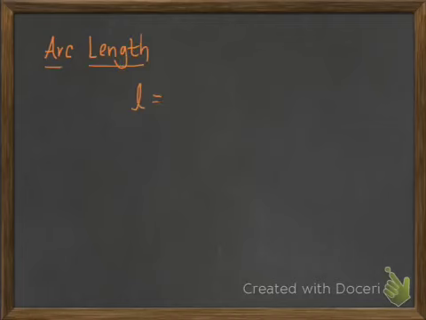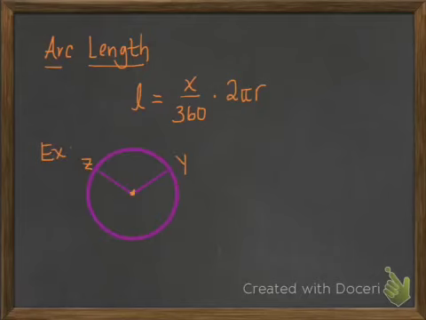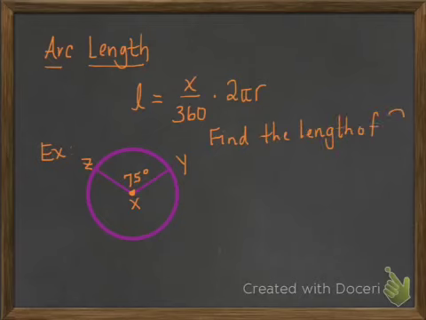The last one is the arc length. How do you find the length of an arc? Well, I think that most of you kind of remember how to find the area of a sector. This example problem is how do you find the length of an arc? So we're trying to find out how long arc ZY is.